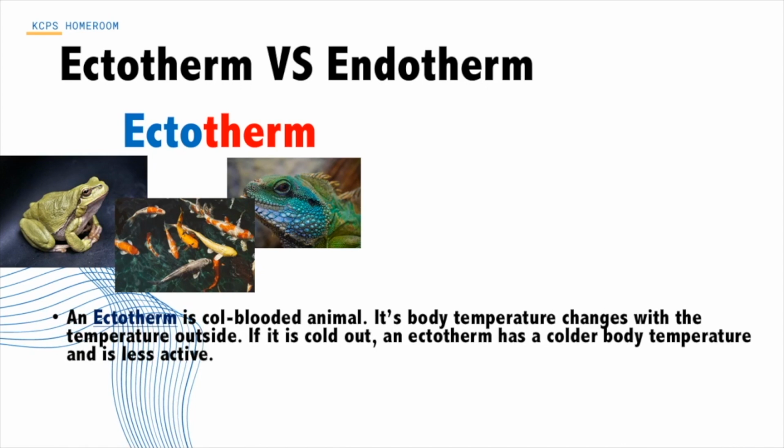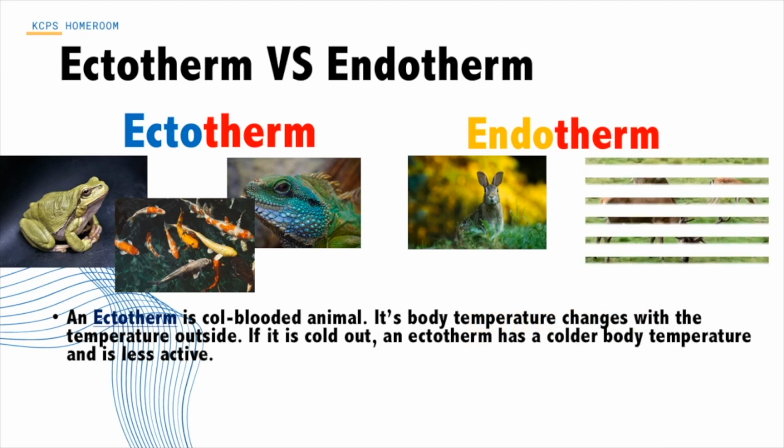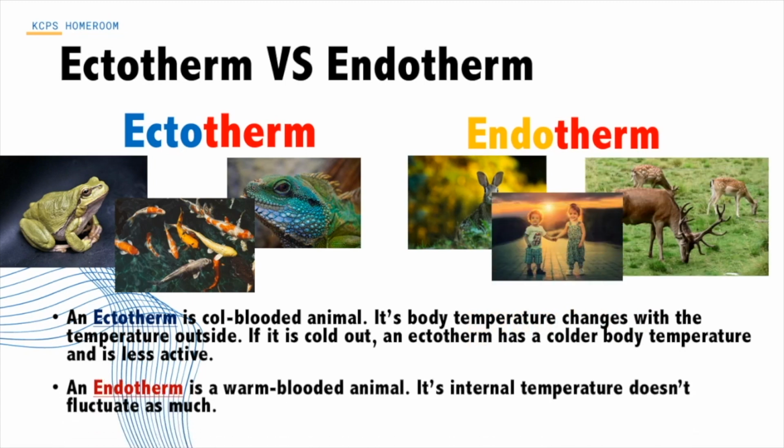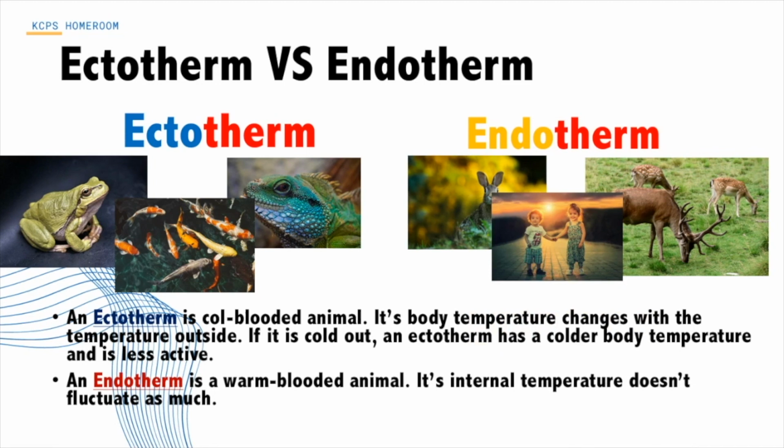If it is cold out, an ectotherm has a colder body temperature and is therefore less active. An endotherm is a warm-blooded animal, and its internal temperature does not fluctuate as much. Humans, for example, are endotherms, and lizards are ectotherms.